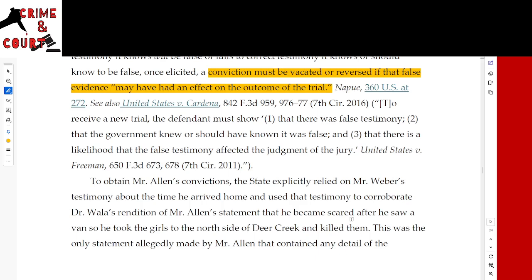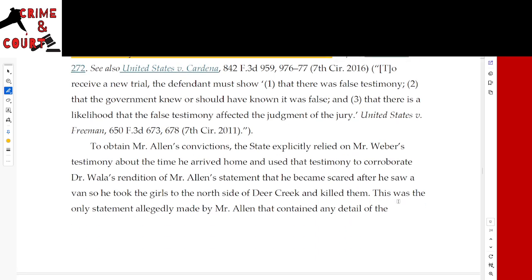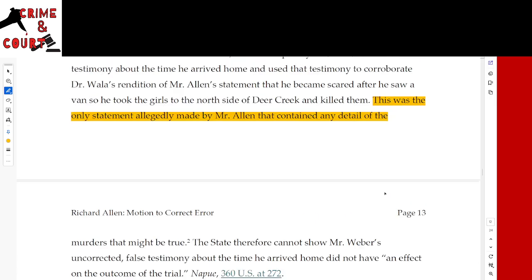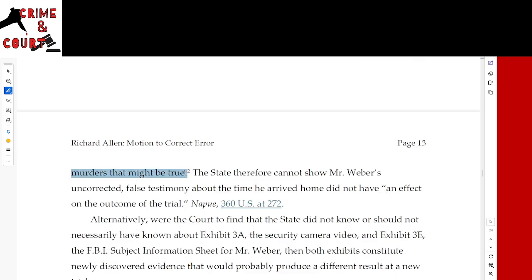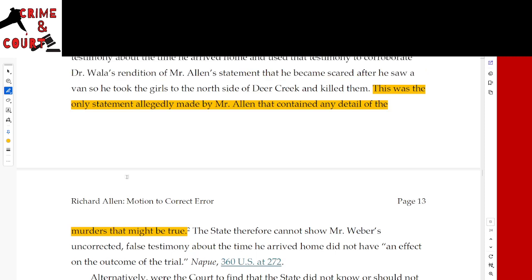This was the only statement allegedly made by Allen that contained any detail of the homicides that might be true. So this was like the only detail that he's ever given that might possibly be true. But we know that Walla was in communication with the outside world talking about this case, and internet sleuths, and people like Gray Hughes.